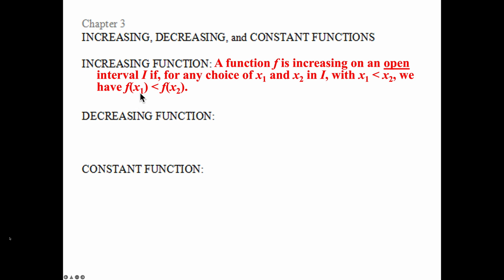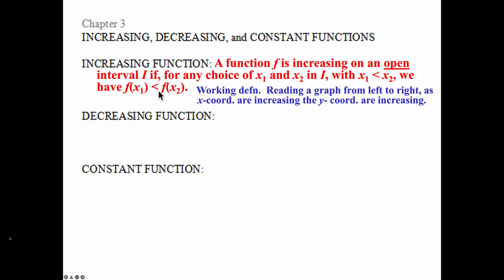So the y's are going to be smaller on the left, and they're going to get bigger on the right, which means they're increasing. Now, I know you can probably read this 2-3 times and it still doesn't make sense. Here is the definition I want you to write down. This is the working definition. When you read a graph from left to right, as your x coordinates are increasing, the y coordinates are increasing.